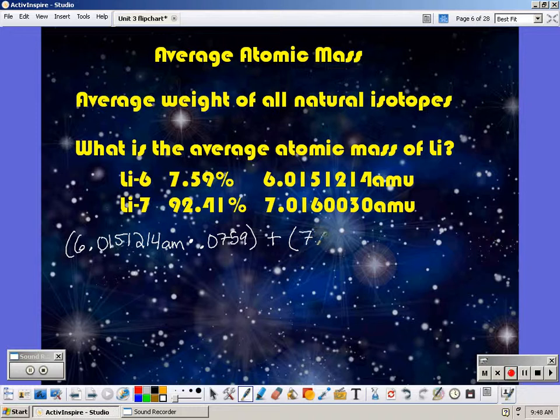So our weight is 7.0160030 AMU, and we're going to multiply it by 0.9241. Now with the sig figs, you typically just look at the percentages to figure out what the average atomic mass is.